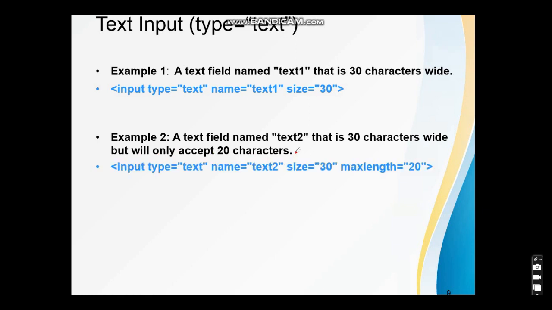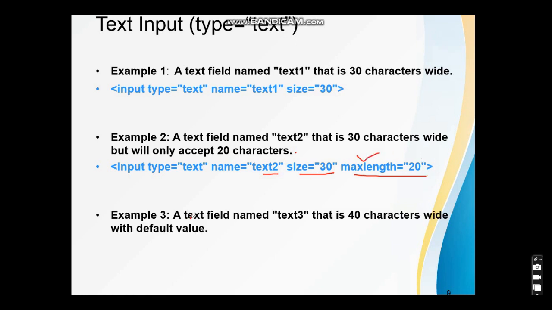Input type is equal to text, name is equal to text2, size is 30, but it is going to accept only 20 characters with the help of the maxlength attribute. Another example, a text field named text3 that is 40 characters wide with a default value. Input type is equal to text, name is equal to text3, size is equal to 40, value is equal to "we are not alone". This is going to show when the page loads.